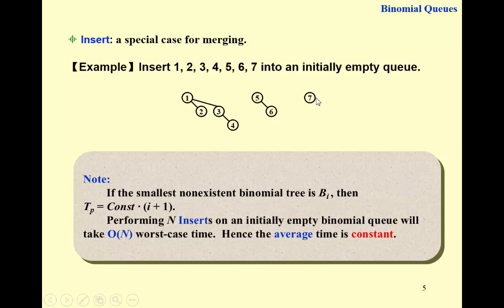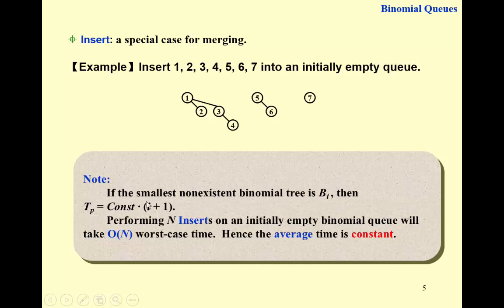And if we have one node here, and this position is empty, when we insert another node, it's going to take one creation of the new node plus one link and carry it over to this position. So it's going to take two steps when B_1 is missing, that is 1 plus 1, two steps.